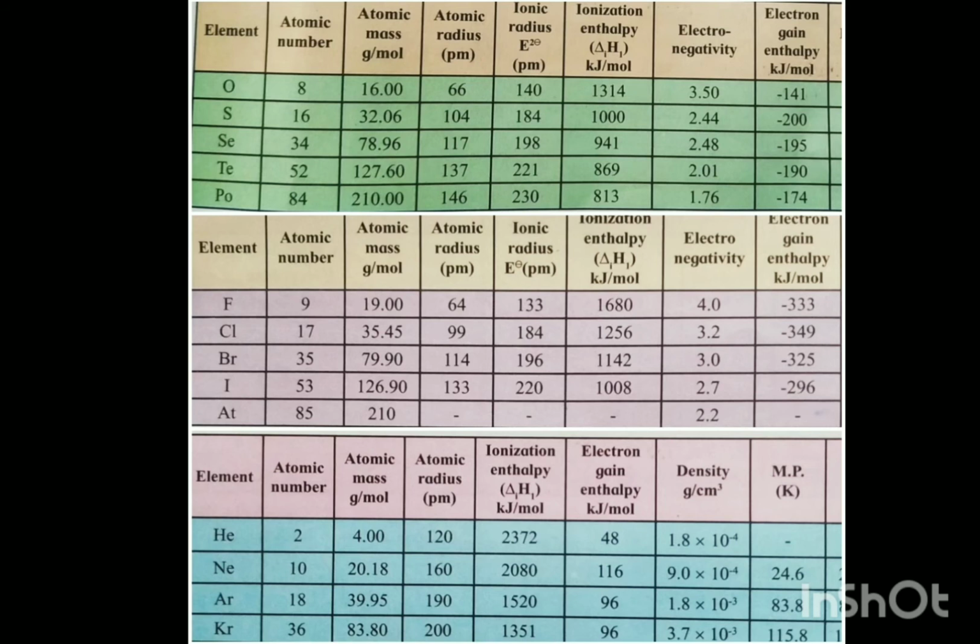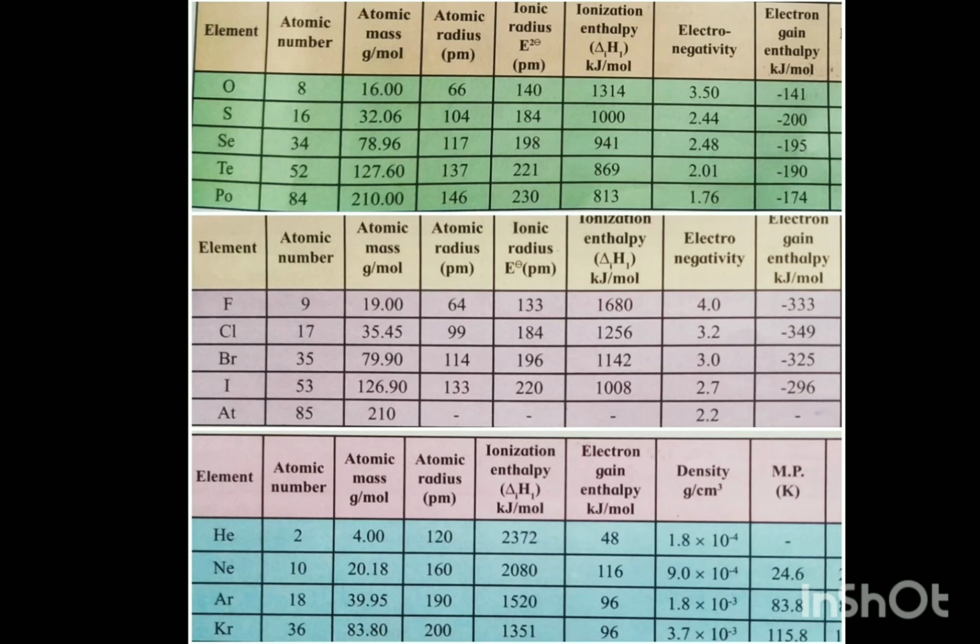If two electrons are removed, it is called second ionization enthalpy. Group 16, 17 and 18 elements have high ionization enthalpy values, as you can see in this chart.